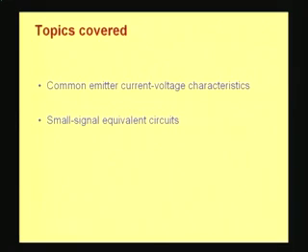We will explain how the various features of the characteristics arise. And finally, we will consider the small signal equivalent circuits. That is, after considering the DC characteristics, the current voltage characteristics, we will consider the AC characteristics, and the result of this will be in the form of an equivalent circuit for the bipolar transistor that we have already shown.